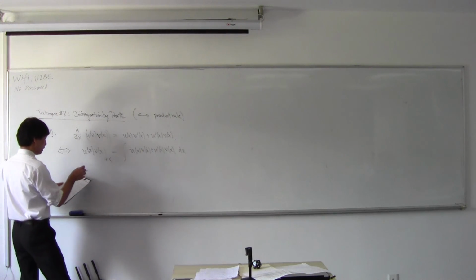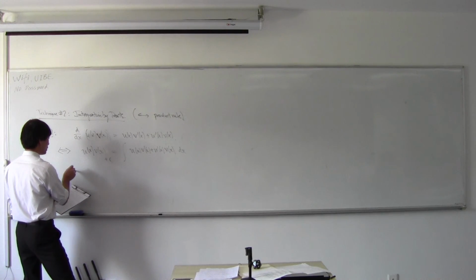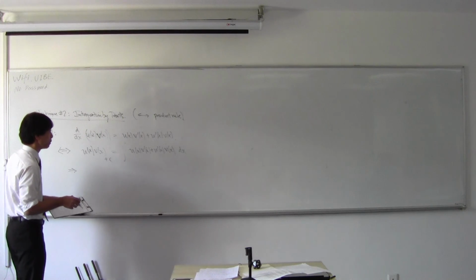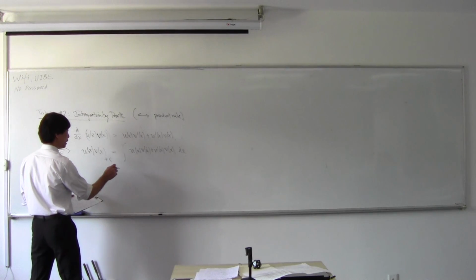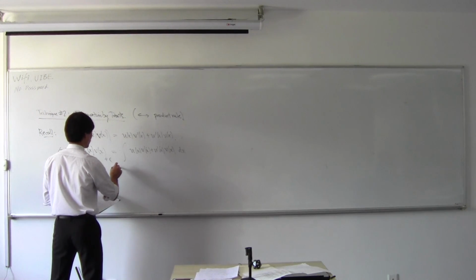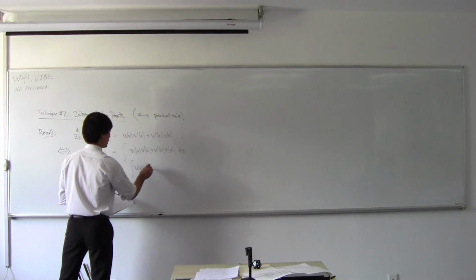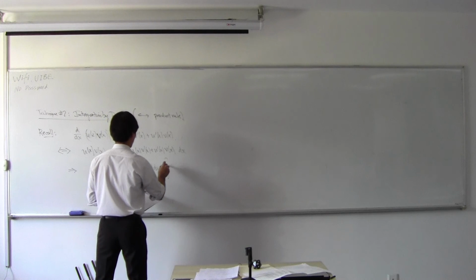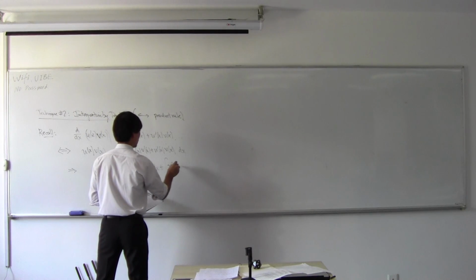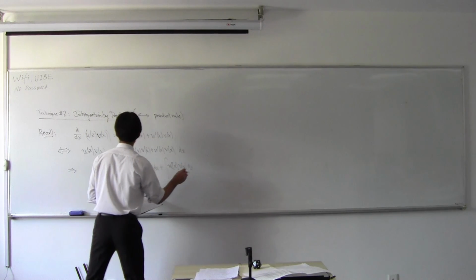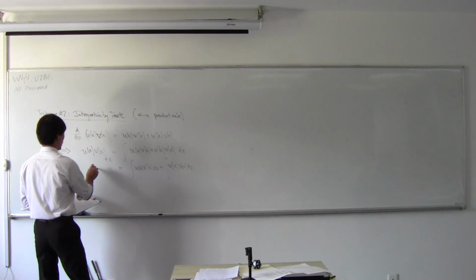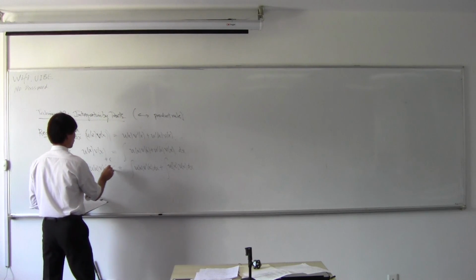Now, you notice that this actually gives you something. Let me write it like this: the integral of u(x) v'(x) dx plus the integral of u'(x) v(x) dx equals u(x) v(x) plus c.